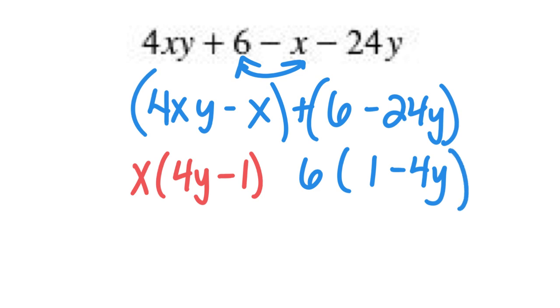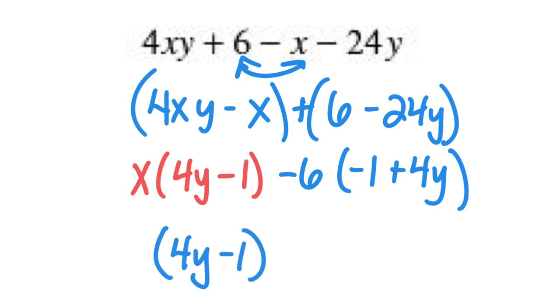Now, this is closer, but I'm still not quite where I need to be. I have a positive 4y and a negative 1. I have a positive 1 and a negative 4y over here. So remember to get your signs to change so that they'll be the same signs in both. All we have to do is change that 6 to a negative 6, and that'll change all my signs so that they now match up. And so the factorization of this would be 4y minus 1 and x minus 6.